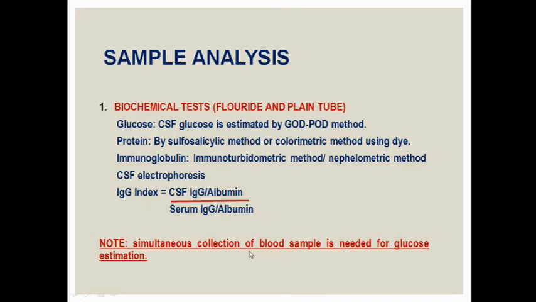And note that whenever we collect the CSF fluid for analysis, simultaneously we need to collect the blood sample as well, especially for the glucose estimation. Tell me why? Suppose the patient is a diabetic patient and has come with a meningitis sort of picture or subarachnoid hemorrhage or any of the indications that we have discussed, or brain tumor, etc. Already in diabetic patients who do not have good glycemic control, the blood glucose most of the time may be around 300 or 400.